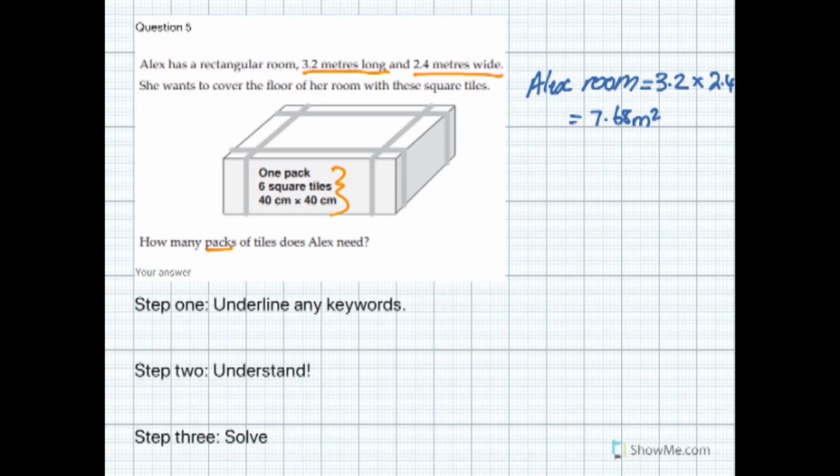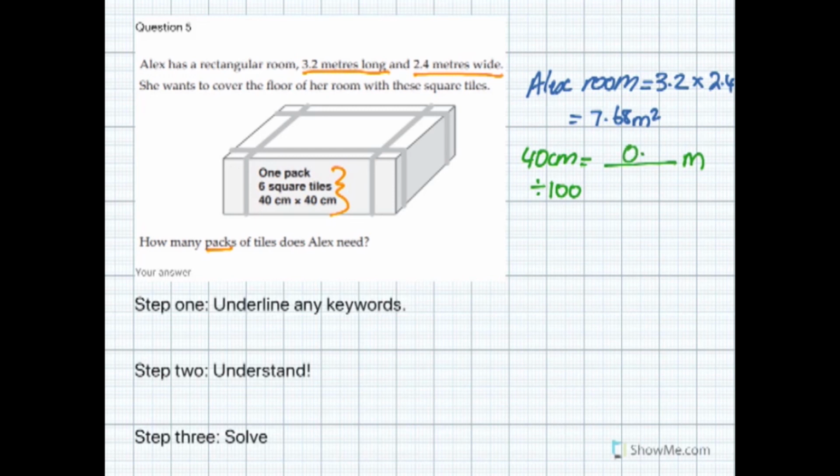The next step is to find the area of a tile. However, we need to change the units from centimeters to meters to match the units of the room. So 40 centimeters is equal to how many meters? To answer this question, we simply divide 40 by 100, and that is because there are 100 centimeters in a meter.